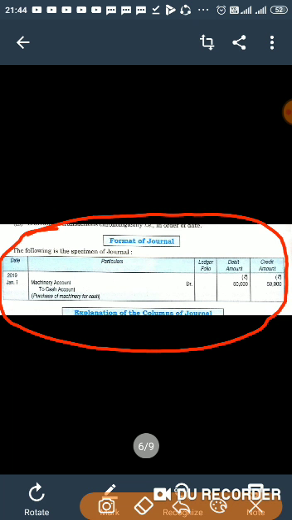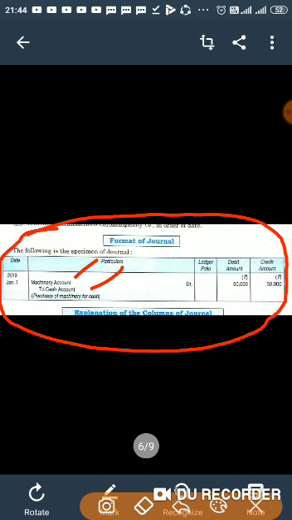So January 1st, machinery was purchased, so machinery was debited. The debit account should be written first, and after that the account which is credited, that is the cash account. It should be prefixed with "To".